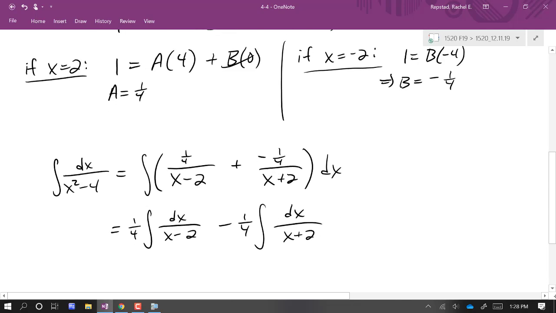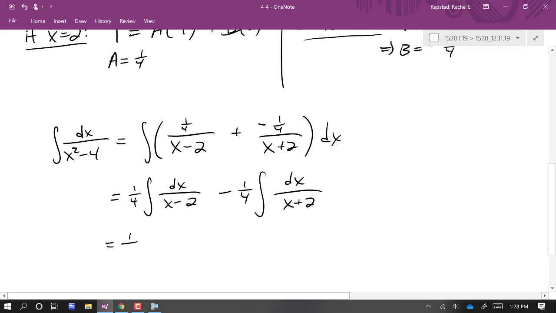Notice now each of these is a log rule because the derivative of x minus 2 is 1 dx, right? The derivative of x plus 2 is 1 dx. So we get 1/4 ln absolute x minus 2 minus 1/4 ln absolute x plus 2 plus a constant.